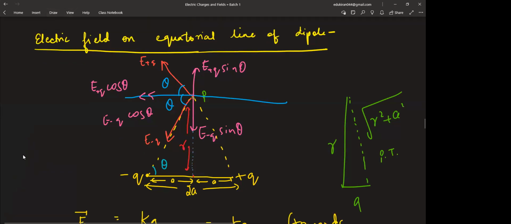Suppose this is vector A and I have to resolve. So this becomes A cos theta and the perpendicular one becomes A sin theta. Write it down. Any doubts, please let me know in between.